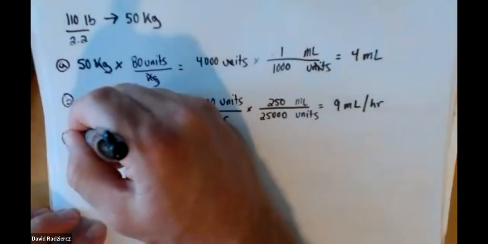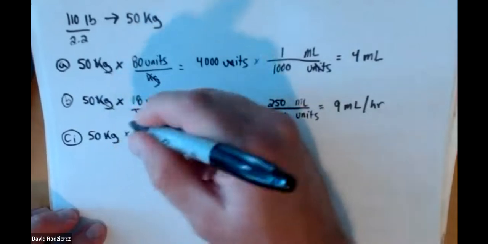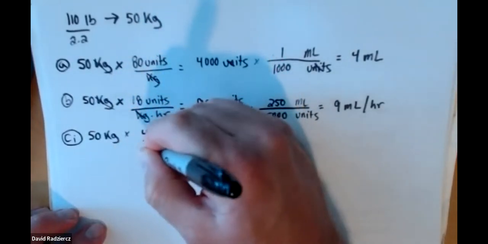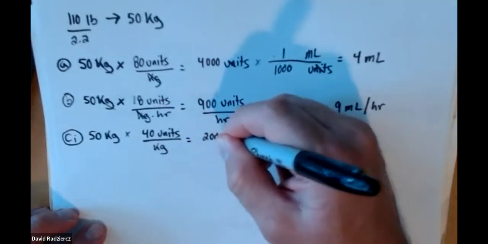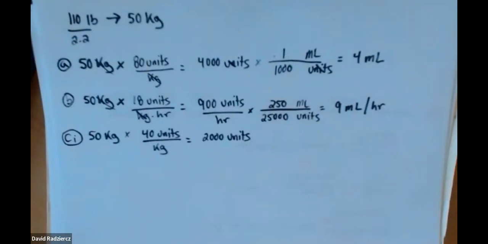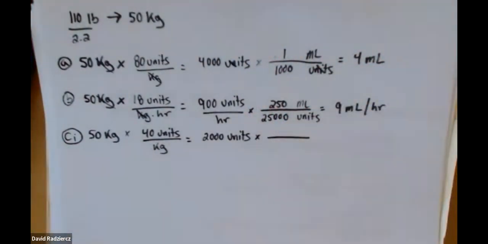So same patient, same weight. This time it's only 40 units per kilogram. Now I'm going to get 2,000 units, because 50 times 40 is 2,000. I'm going to use the same bolus dosage strength.